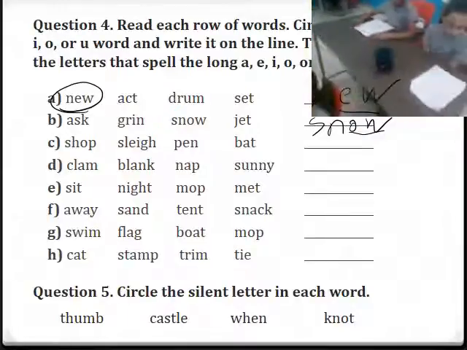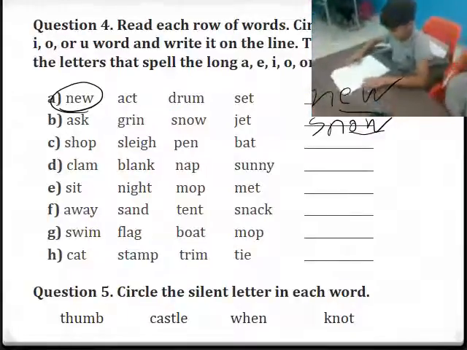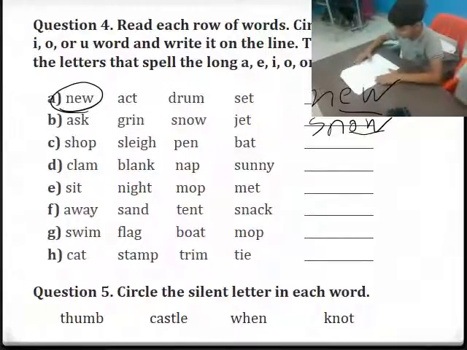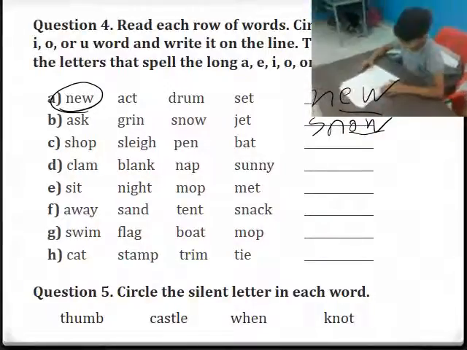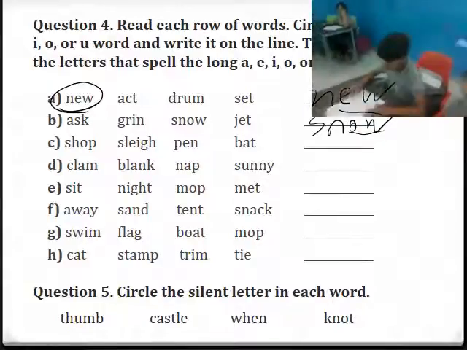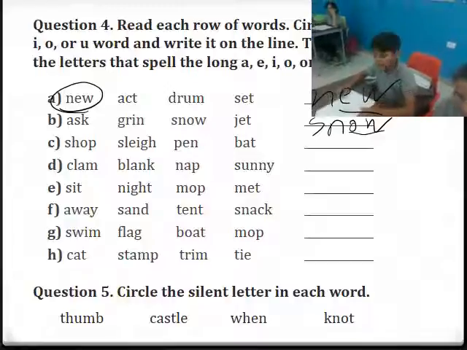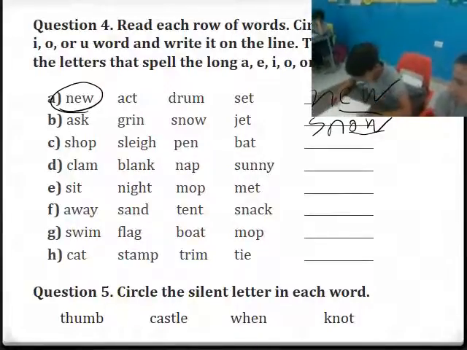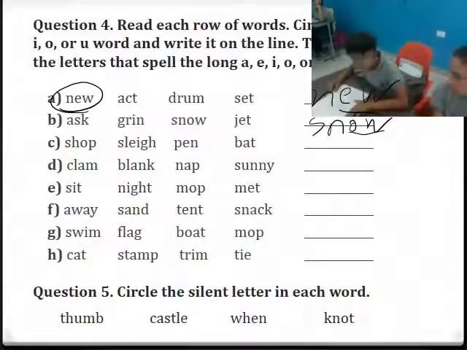Smiley, you want to try again? Okay. Shop, sleigh, pen, bat. Which word? Where is the long letter? What do you hear in pen? Do you hear A or E? Sleigh.